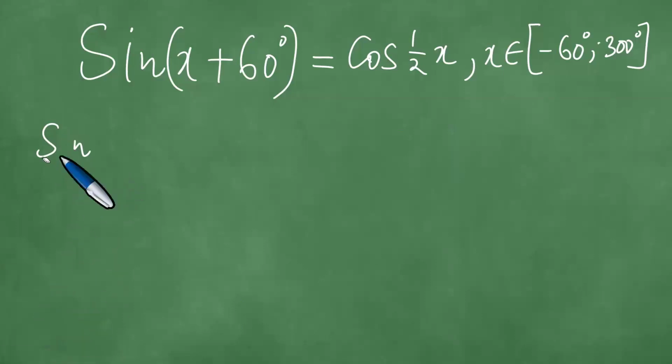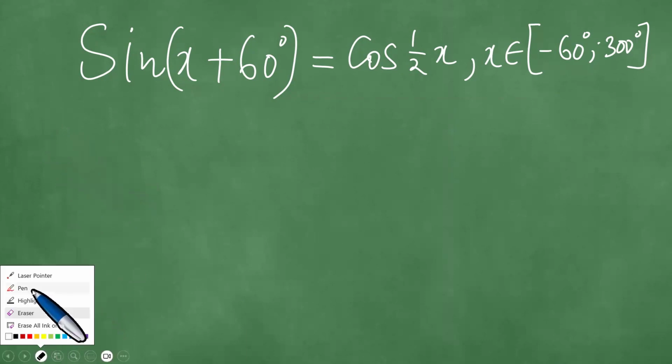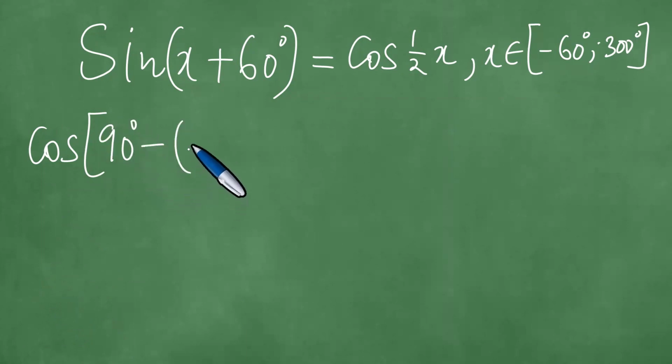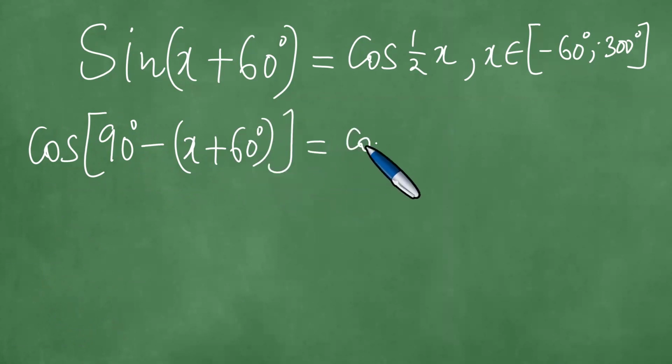Let us convert the sine to cosine, using the fact that the sine can be converted to the cosine in the following manner, where we put 90 degrees minus open bracket x plus 60 degrees, and this equals the cosine of 1/2 x. 90 minus 60 is 30 degrees minus x.